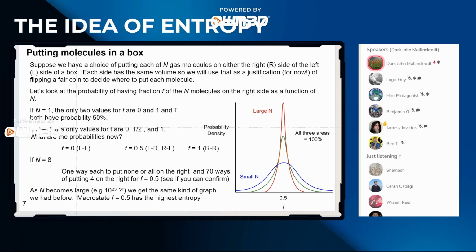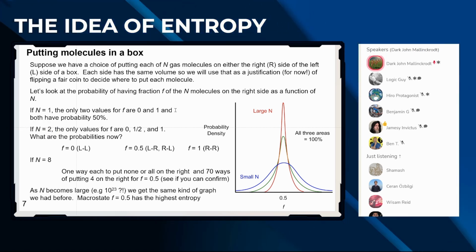With n equal 8, there's only one way to put none or all of them on the right, but there are now 70 ways of putting 4 of them on the right, giving you an f equal 0.5.